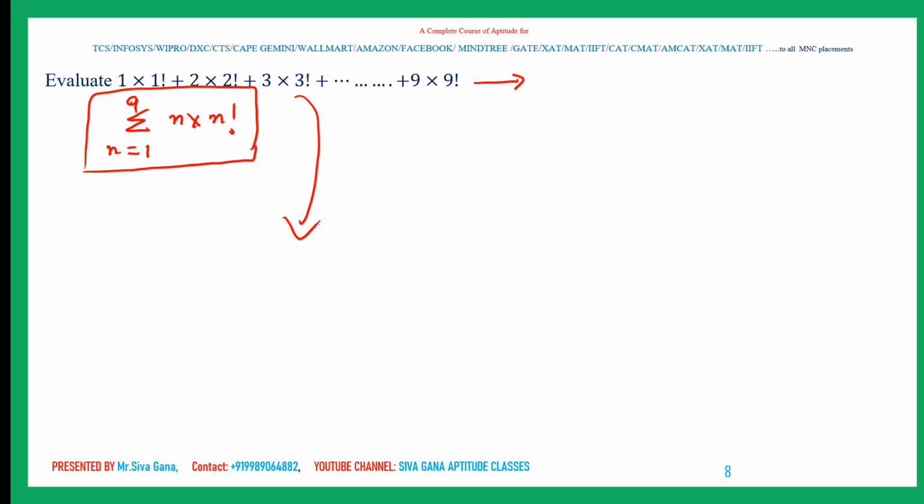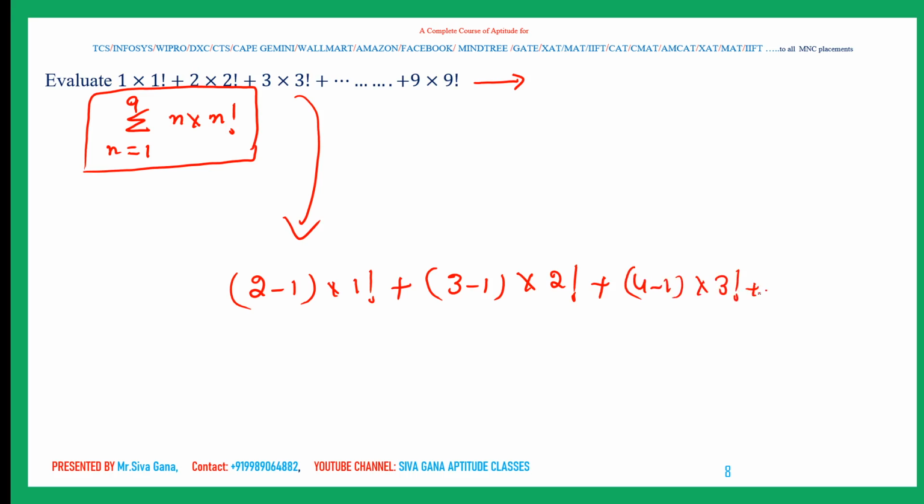We will see. 1 can be written as 2 minus 1. 2 minus 1 into 1 factorial plus 2 can be written as 3 minus 1 into 2 factorial plus 3 can be written as 4 minus 1 into 3 factorial plus and so on plus 9 can be written as 10 minus 1 into 9 factorial.